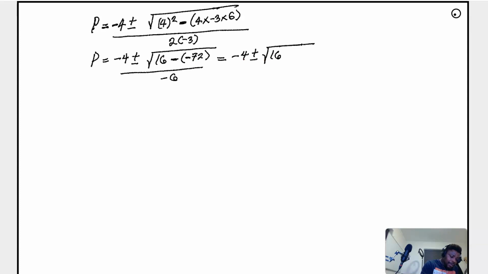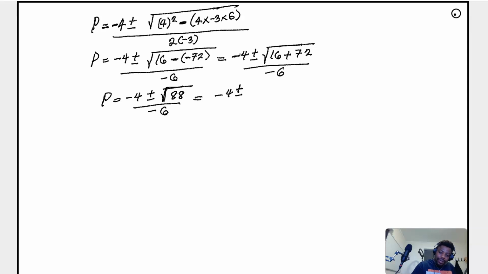Minus times minus is plus, so 72 over minus 6. 16 plus 72 is 88. So 88 over minus 6.